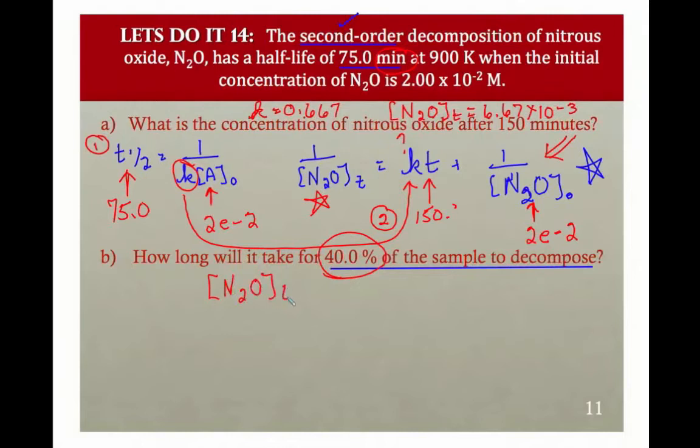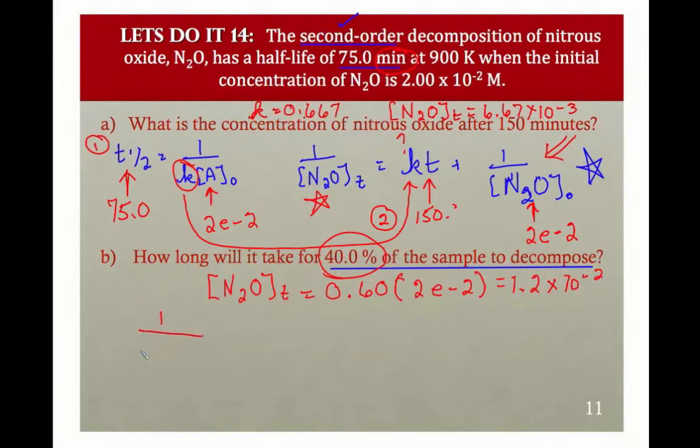If 40% decomposed, that means 60% remained. Be very careful whether the question is giving you the amount remaining or decomposing. And so I just need to take 60% of this value here, and that's going to be my N at time t.